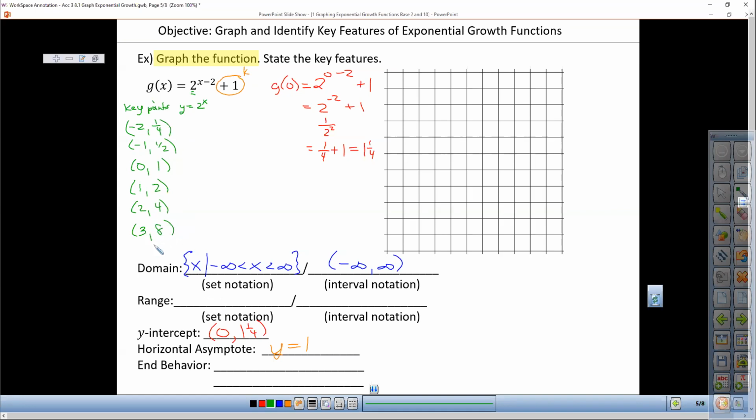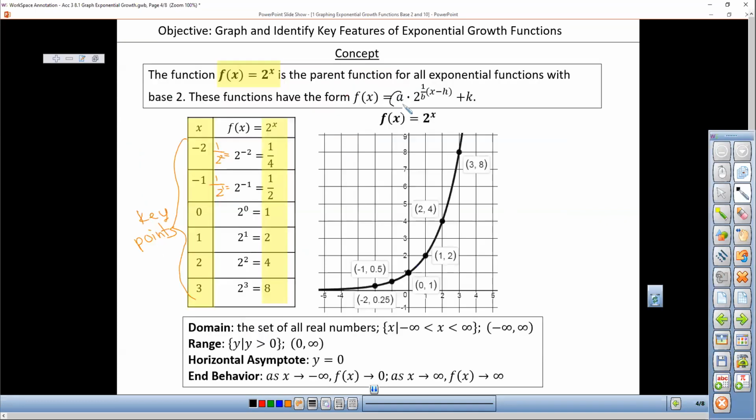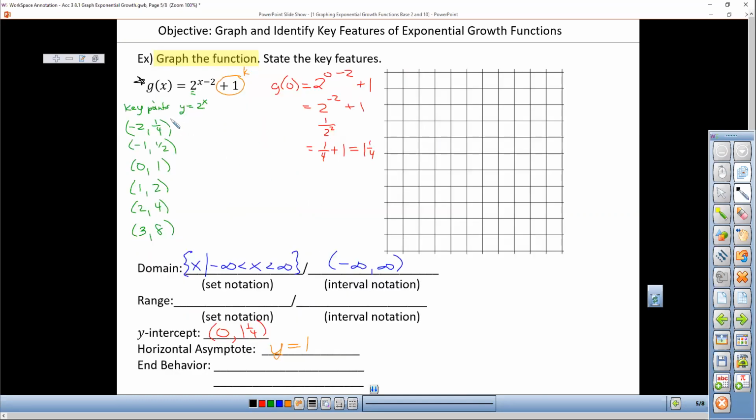These points we are going to transform using the transformations we now identify in our function g of x. Now, remember that this 2 is your base. Your base and your a are separate. Here's your a, here's your base. So don't confuse your 2 with your a. Here in this case, our a value is 1 because this would be like 1 times this power of 2.